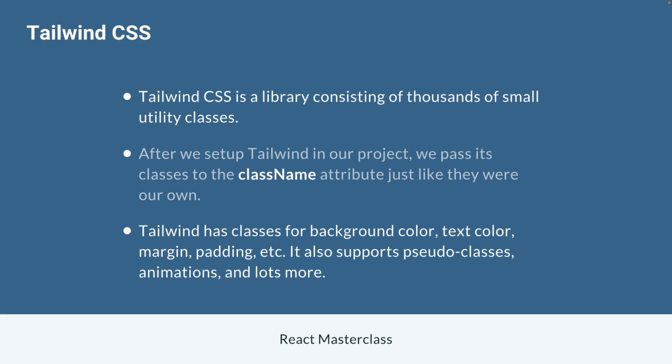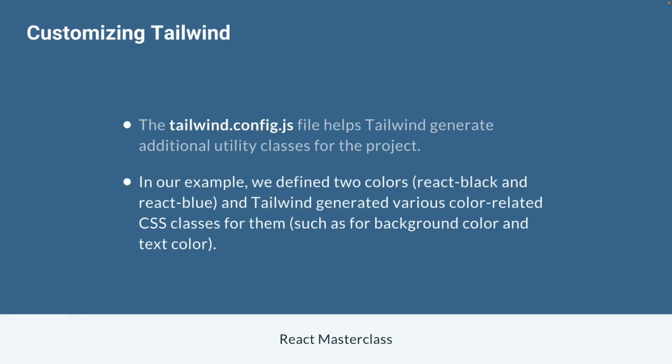And as we saw, there are ways to customize Tailwind. So for example, if your brand has custom colors or custom fonts, we don't just need to work with whatever Tailwind gives us. We can customize the Tailwind config.js file, and that allows Tailwind to generate additional utility classes for our project. So in our example, we actually defined two colors, which we called React Black and React Blue, and Tailwind generated various color-related CSS classes for them, such as background color and text color.